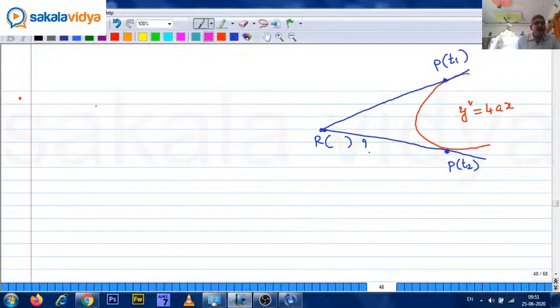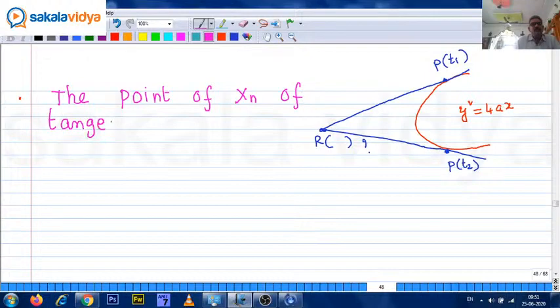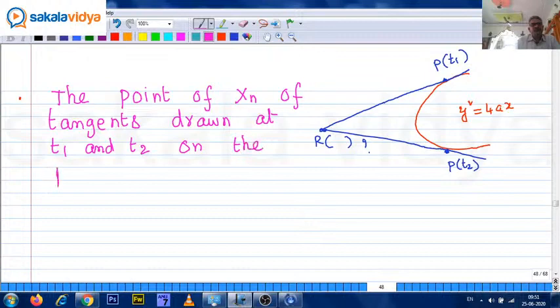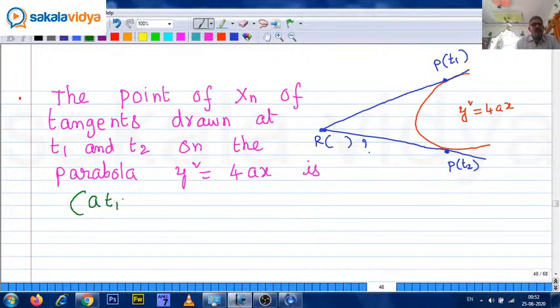That's why you note down: the point of intersection of tangents drawn at T1 and T2 on the parabola y square equals to 4ax is a T1 T2 comma a times T1 plus T2.